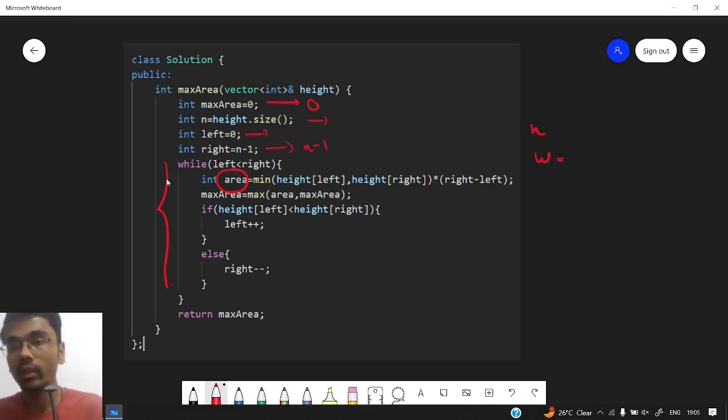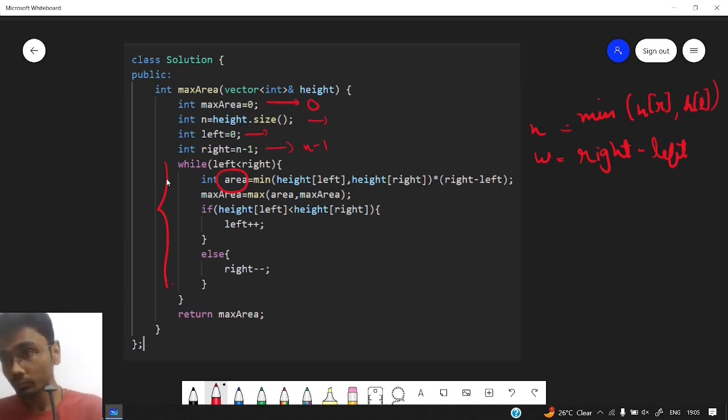Width is simple. Width is nothing but right pointer minus left pointer. What is height? We have already seen. We need to take the minimum of height of right pointer and height of left pointer. Why? Because if we take the maximum value, water will spill out from one of the ends, so we'll take the minimum.